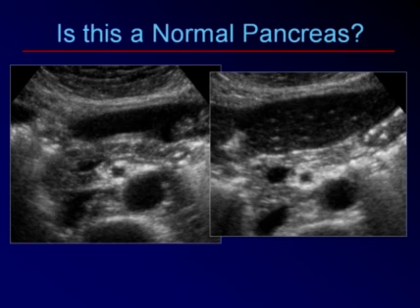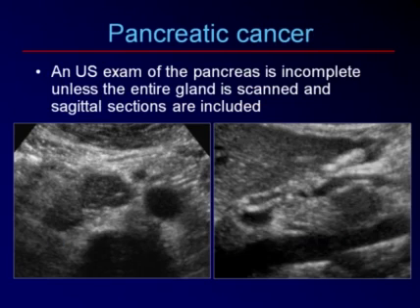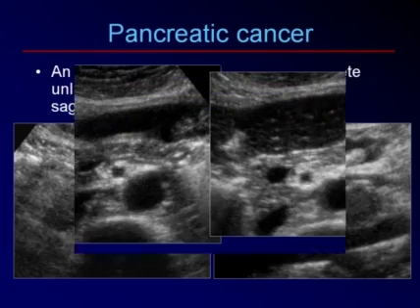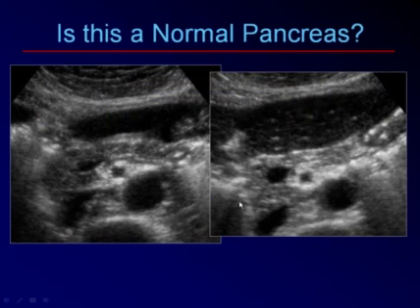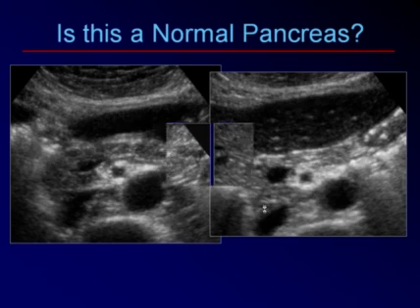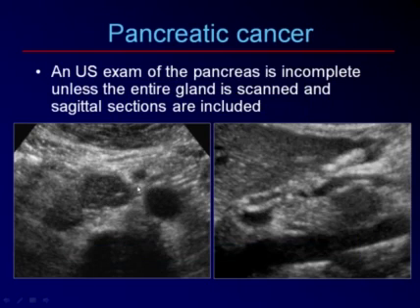You don't get the additional cuts, so you cannot say that the pancreas is normal. All you can really say is that portions visualized are normal, or portions visualized are grossly normal. The same patient, a few centimeters inferior, had a mass, a solid mass, when biopsied was pancreatic cancer.